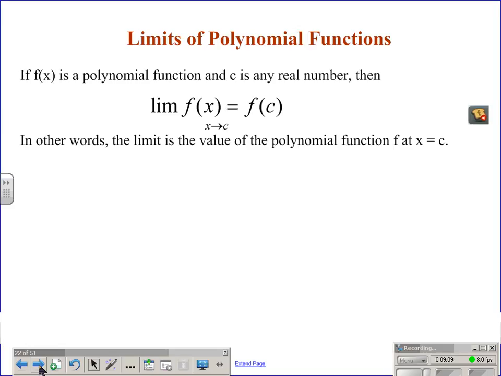So we probably need a little bit of a review about what a polynomial function is. A polynomial function is going to be an algebraic expression, or a function with an algebraic expression, that has exponents that are non-negative integers.